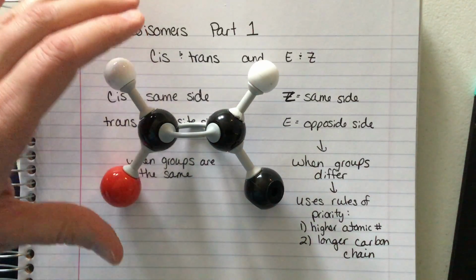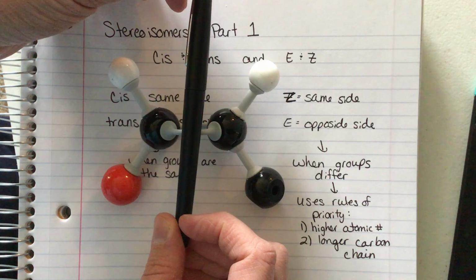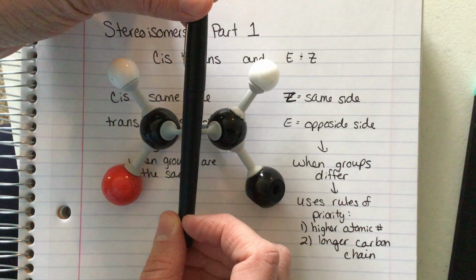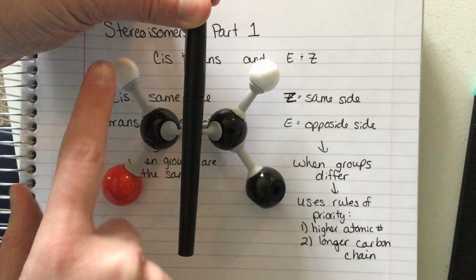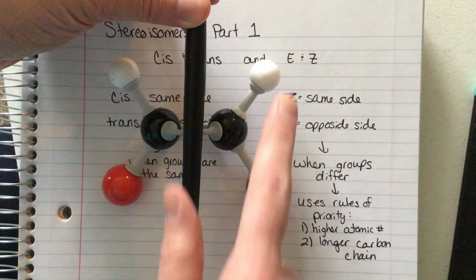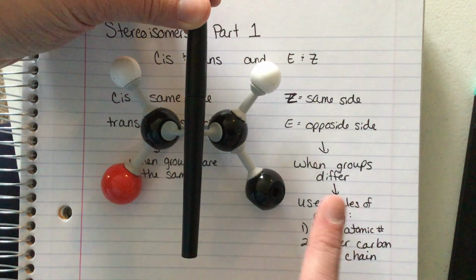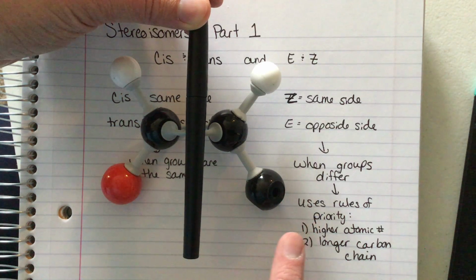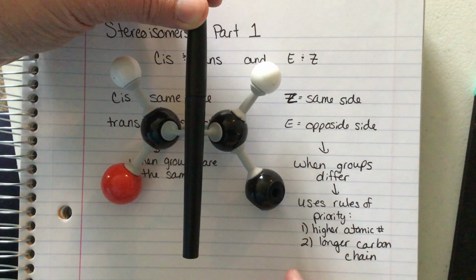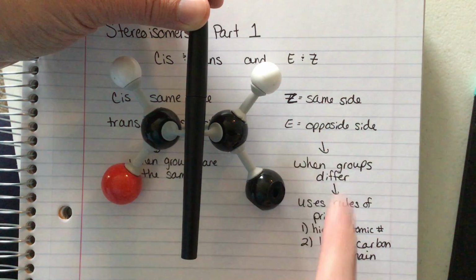I'm going to divide this molecule in half across the double bond, okay? I am going to look at these guys on the left, and then I'm going to look at these guys on the right. The left is going to get a group of priority. The right is going to get a group of priority. Once I figure out who my groups of priority are, if they're on the same side, then it's Z, and if they're on opposite sides, then it's E.